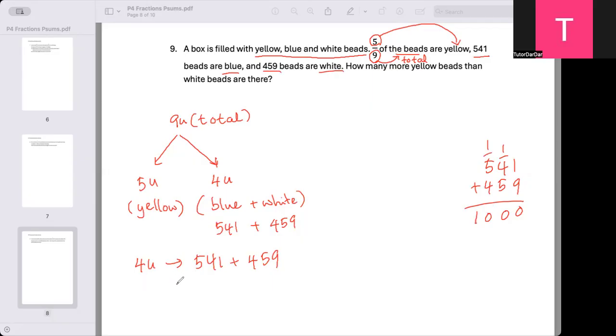So 4U is equal to 1,000. So 1U is equal to 1,000 divided by 4, which is going to be 250.